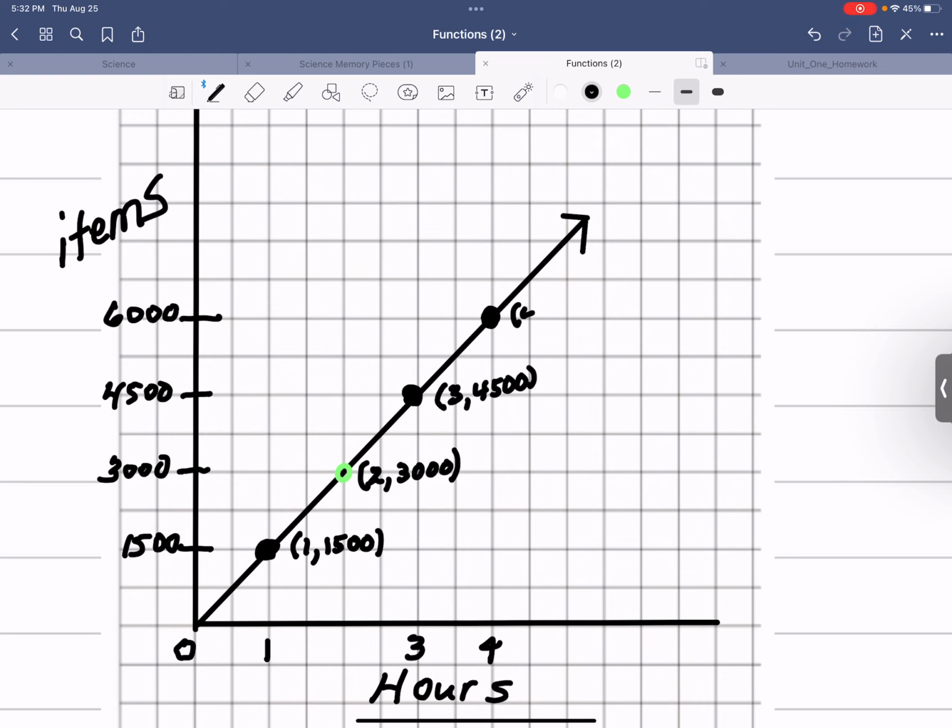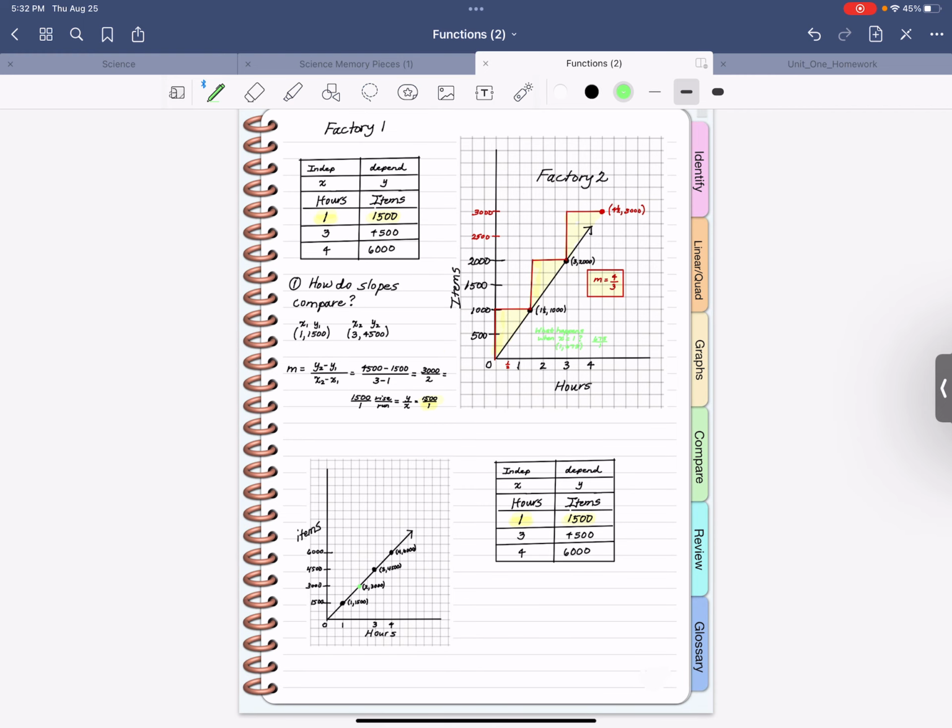In 4 hours, they could produce 6,000. And I'm very glad actually that I drew this, because looking at those two, they're pretty similar. But the numbers are not the same. The hours are, but the y-axis is different for the two graphs.